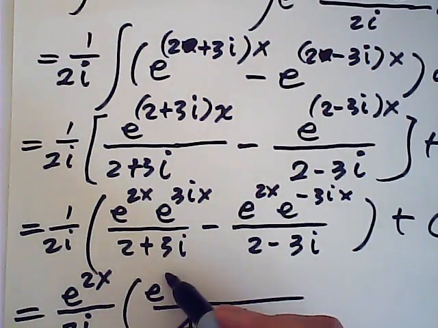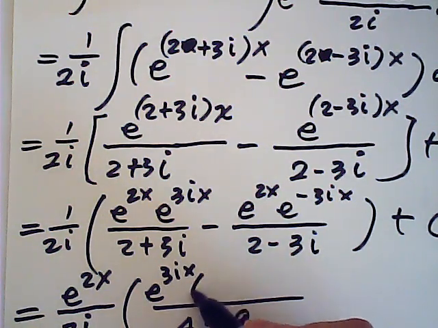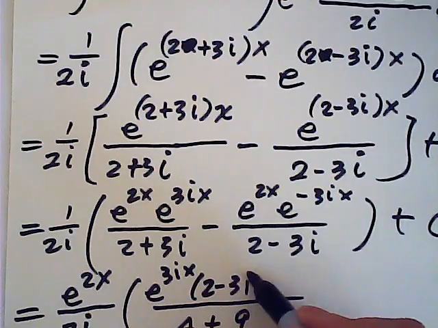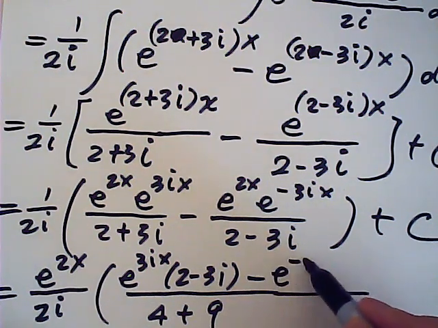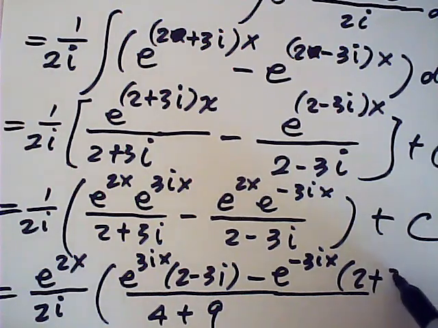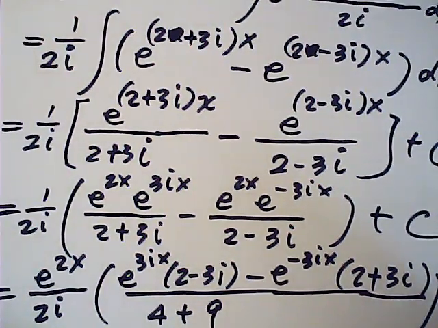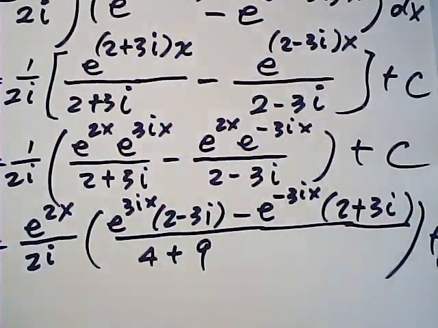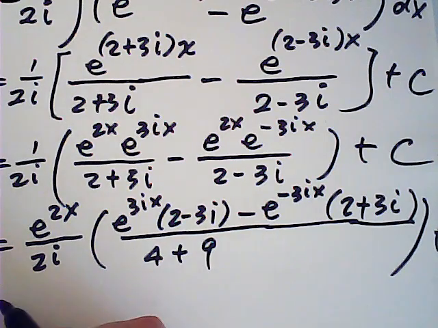And this will be e to the 3ix multiplied by 2 minus 3i, minus e to the negative 3ix times 2 plus 3i, plus c. Yeah. Then I take 13 out.